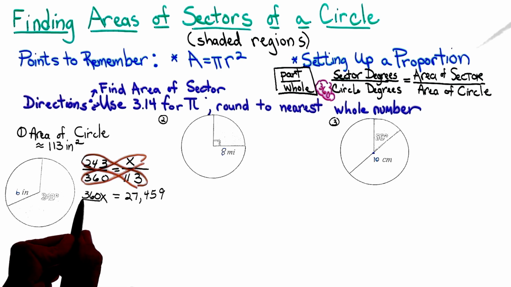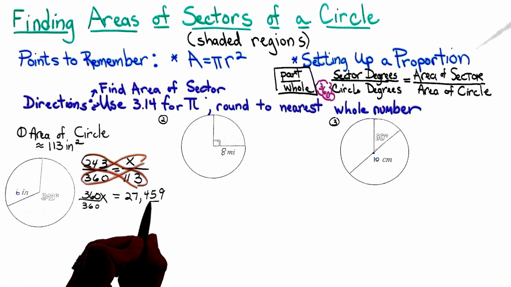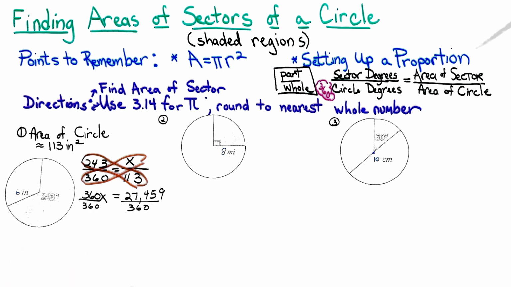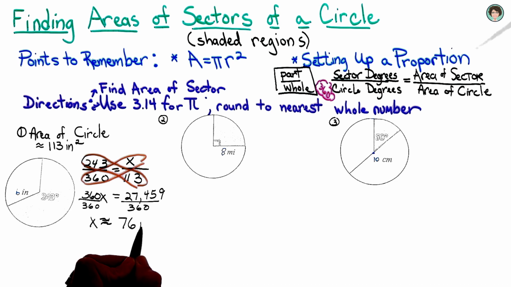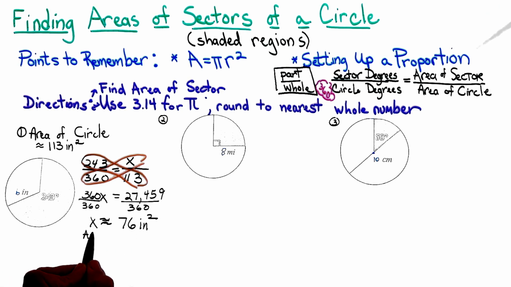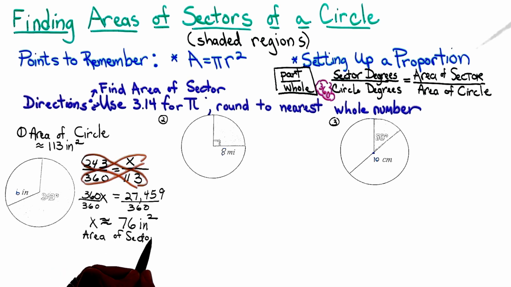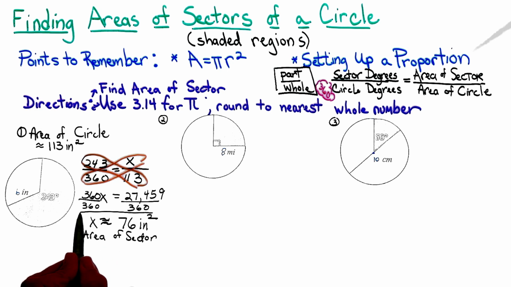Now we know we must divide by 360 to find our x. So our x is going to be equal to, and remember it is a rounded answer, 76 inches squared. And that is our area of the sector. So there it is for our first problem.